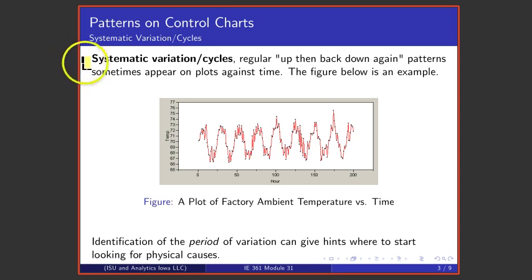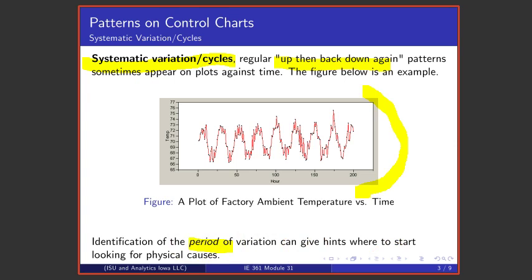One kind of thing occasionally seen on a control chart is cycles, systematic variation, sort of up then back down again. Here's an example of such a thing. In this kind of context, if one can figure out the period of variation, that period can often give clues as to what stands behind the variation.